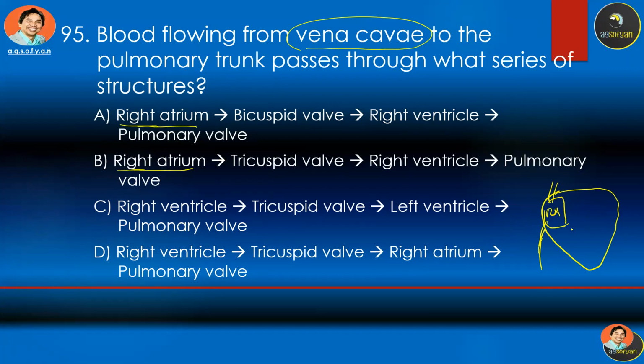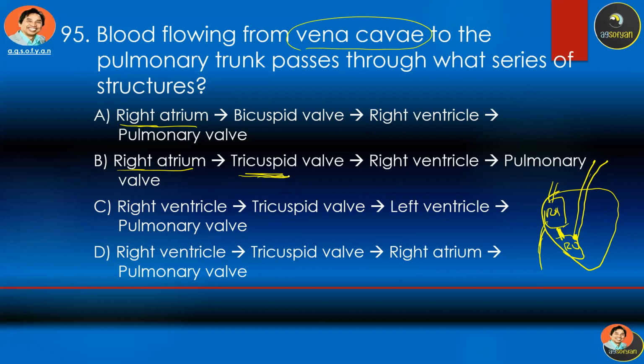And then from the right atrium, it will go down to the right ventricle. It will pass the valve called the tricuspid. So look for that one. After that, from the right ventricle, there will be the pulmonary trunk. But before going to the pulmonary trunk, there will be a valve called the pulmonary valve.